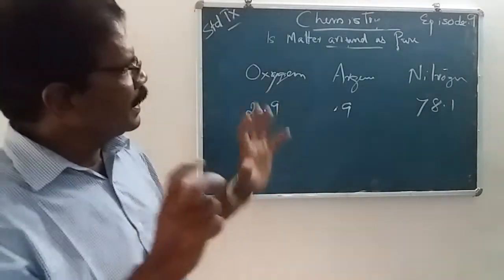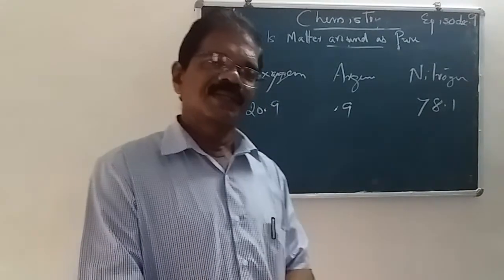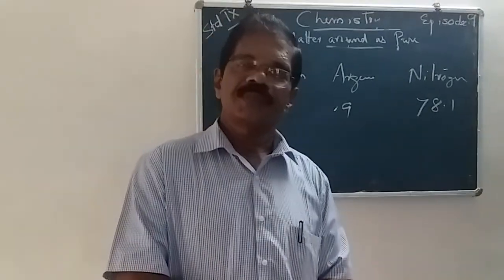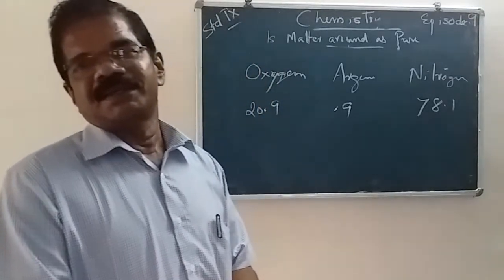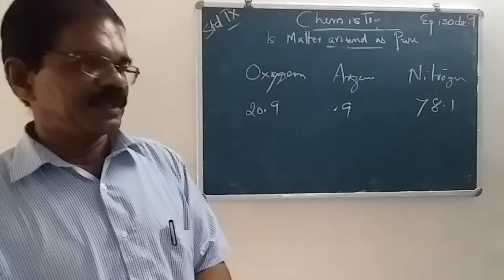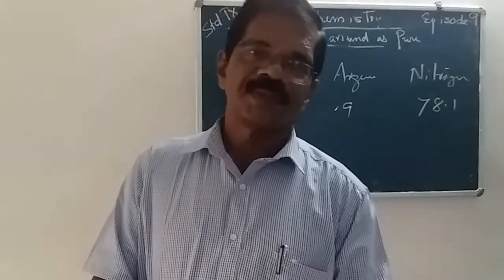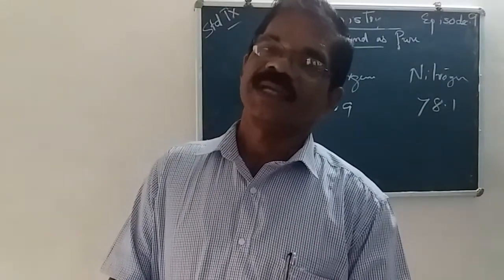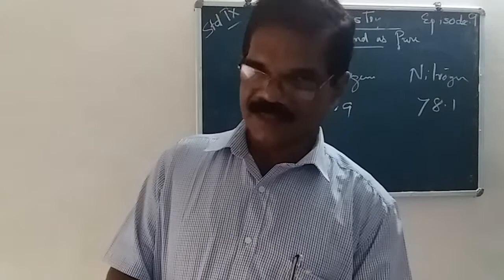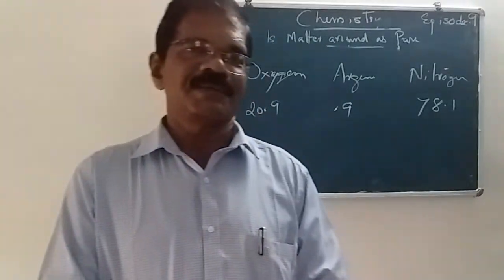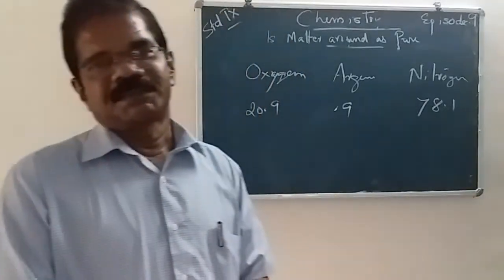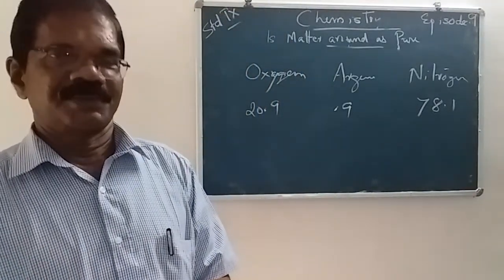Then how can we separate the components of air? Now we all know that if you go into a tire shop, there is a separate tank for normal air and nitrogen. If we want to fill our vehicle's tire with nitrogen, we pay a higher amount.